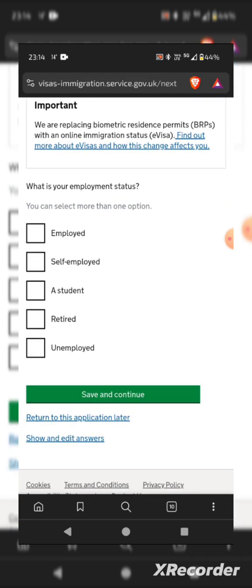Yes, this is where things start getting interesting. If you are employed, you need to show documents of your employment. You need your employment letter saying you were employed.